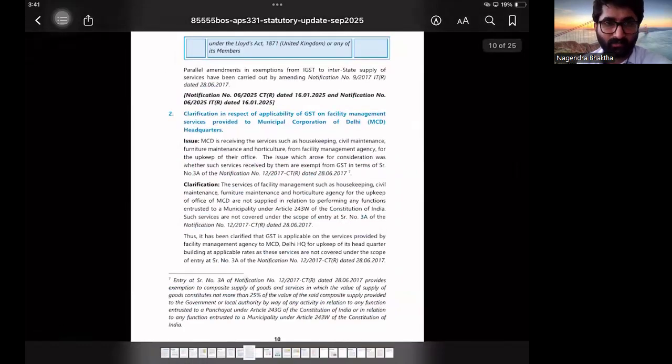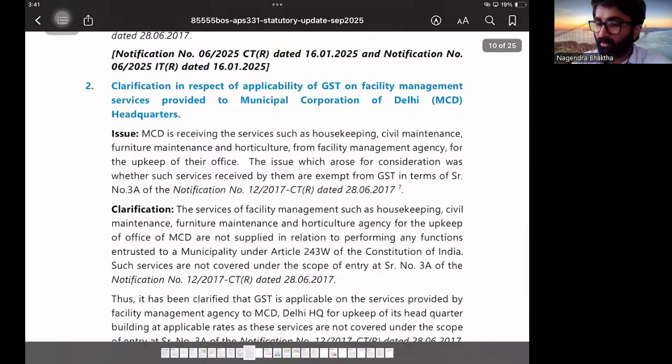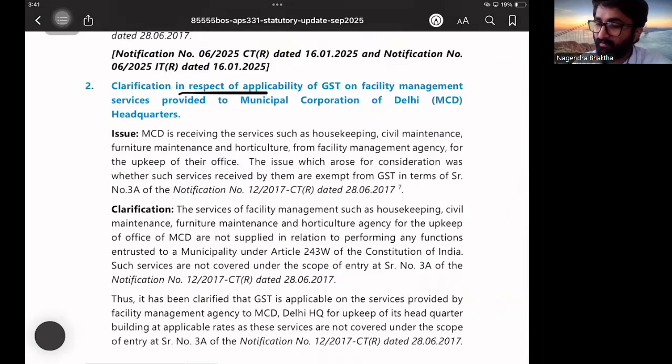And one clarification is given here. Clarification in respect of the applicability of GST on facility management services. Facility management services provided to Municipal Corporation of Delhi. What was the issue? That Municipal Corporation, they take the service from the people.